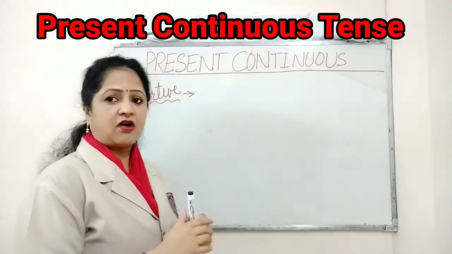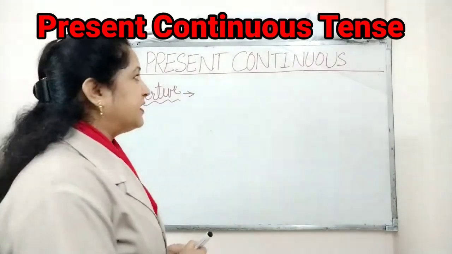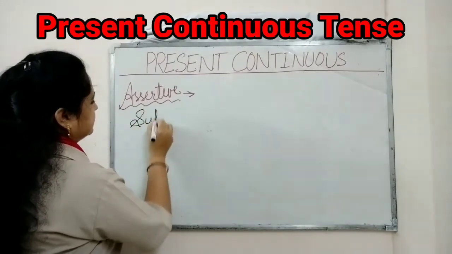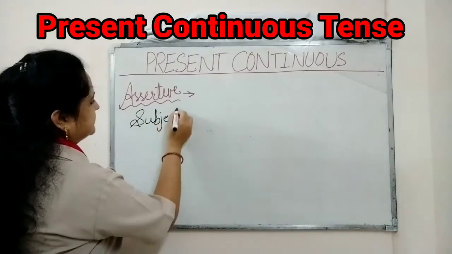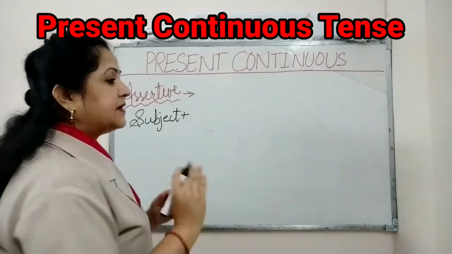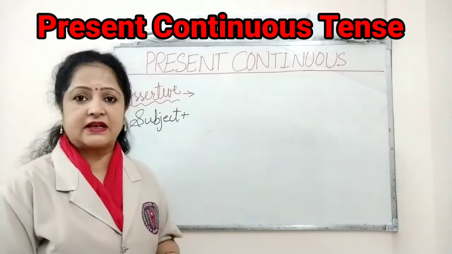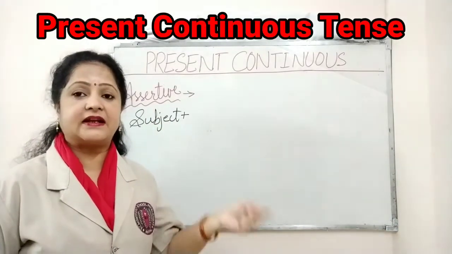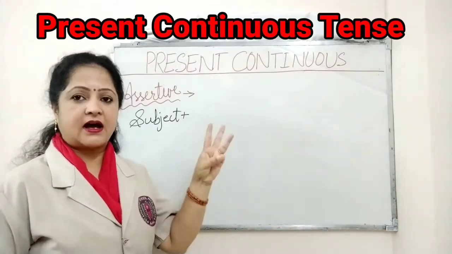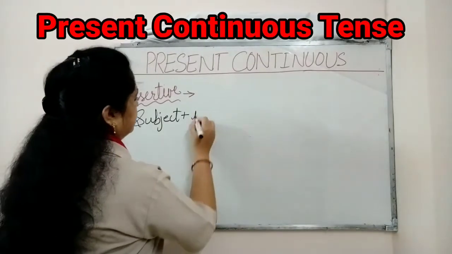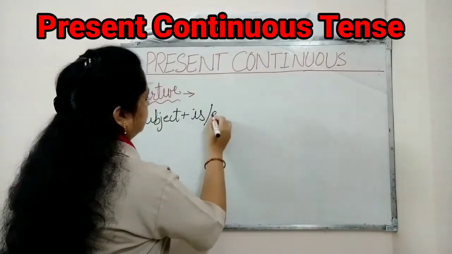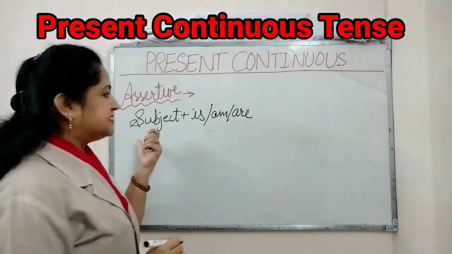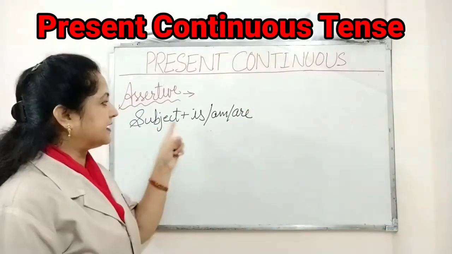First of all, in assertive form we write the subject. After writing the subject we write the helping verb, which we also call the auxiliary verb. In present continuous tense we use these three auxiliary verbs: is, am, are. If the subject is singular then we write is.